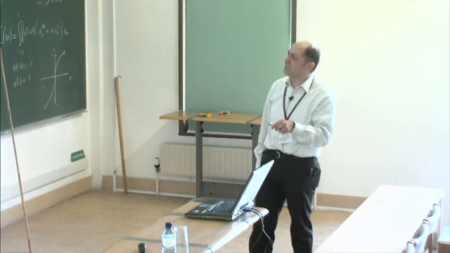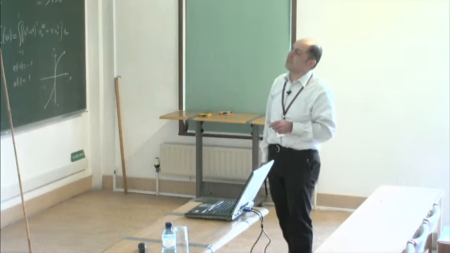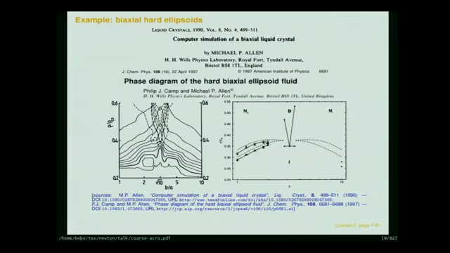This is the phase diagram for uniaxial cylinders, but also biaxial ellipsoids have been studied. In this case, the 3 axes of the ellipsoid were different, and the biaxial nematic phase was observed.